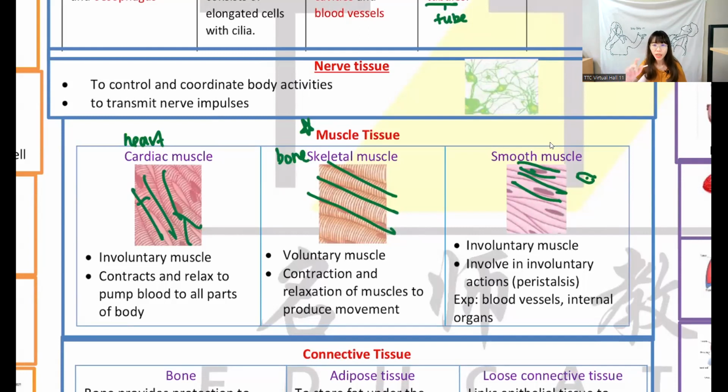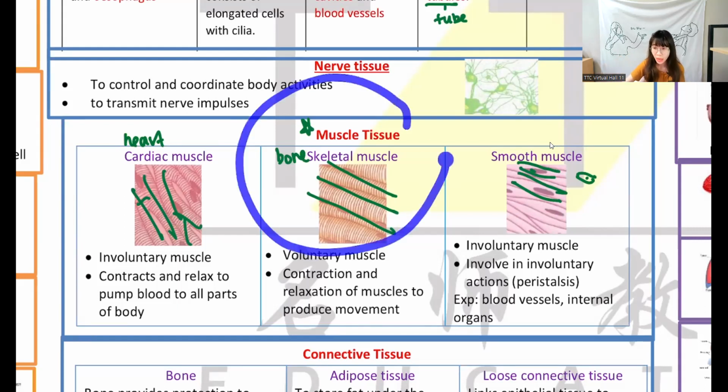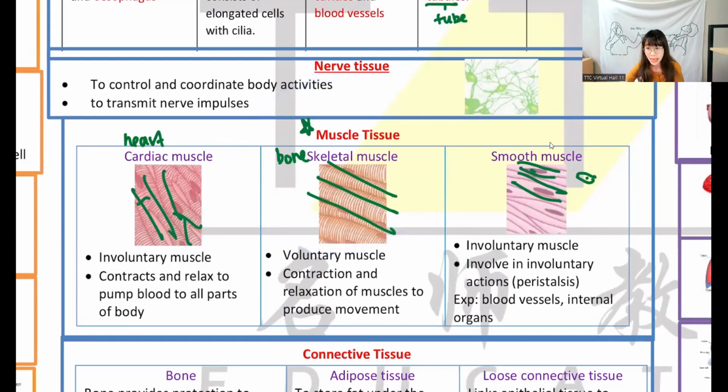Skeletal muscle, can you control it? The muscle attached to your bone is skeletal muscle: your hands, your face, your legs. It is the part you are able to touch. They are voluntary actions because we can control them. If someone slaps you on the face and says, sorry, I cannot control my hand, will you believe that?